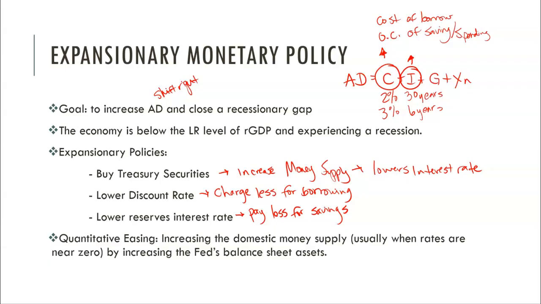For a long time, after 2008, the Fed had a policy of quantitative easing. So we have an entire topic page on that in Canvas, so I'm just going to briefly mention it here. But quantitative easing is where they increase the money supply a lot. They increase the Fed's assets, right, their balance sheet quite a lot. And this happens when rates are near zero, because once interest rates hit zero, they can't really lower it anymore, right?